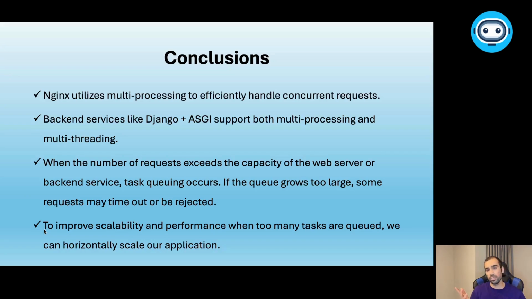Otherwise there are going to be issues, and some tasks may be rejected, or the user needs to wait a lot. To improve scalability and performance, when too many tasks are queued, we can horizontally scale our application, or even vertically. Depending on the scenario, we need to adopt the best decision.